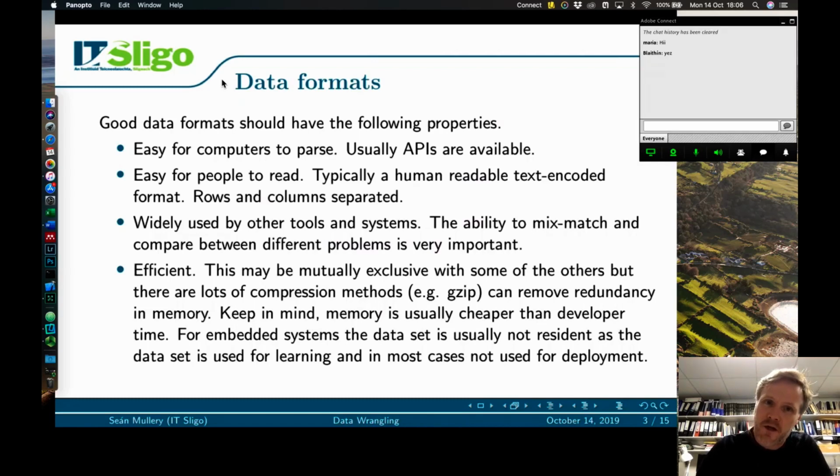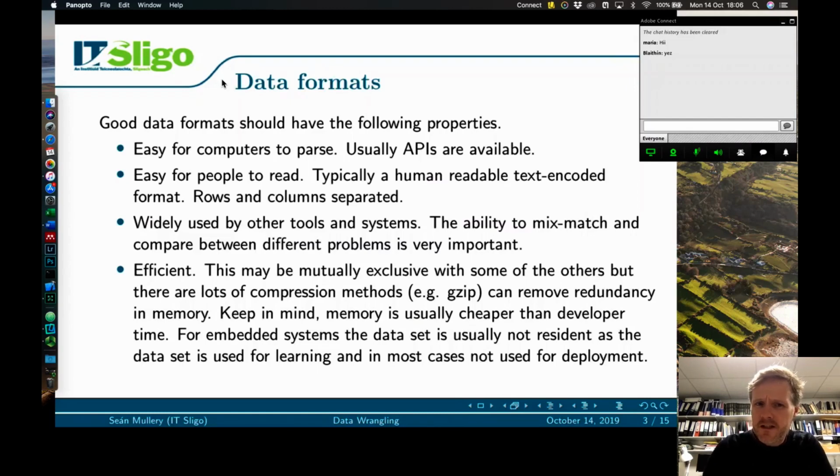Usually APIs will be available for that. API just stands for Application Programmer Interface, if you haven't come across it before. So the idea is that data formats should normally have library functions that allow us to interact with that data in some way, shape or form.